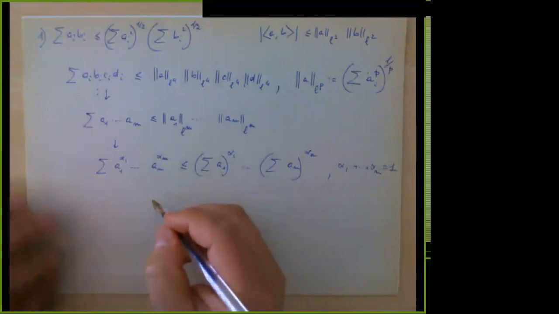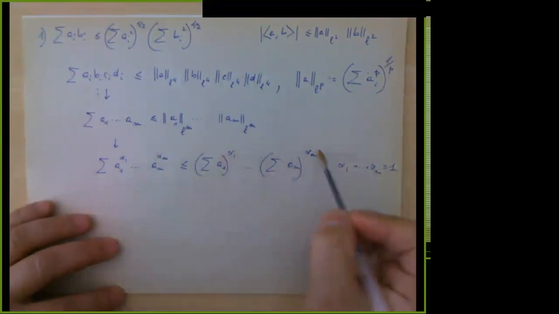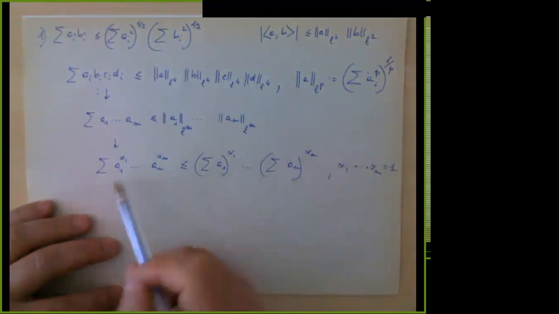So this can be shown in the case of rational exponents. In the case where alpha_1, up to alpha_m are not rational, we do another approximation by rational numbers. We use the continuity of the functions on both sides of the inequality.